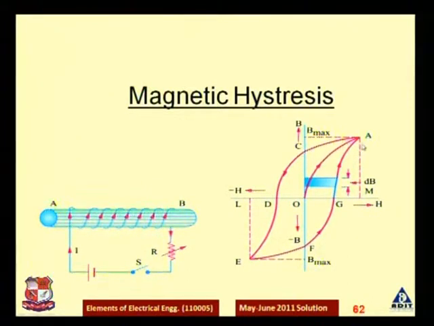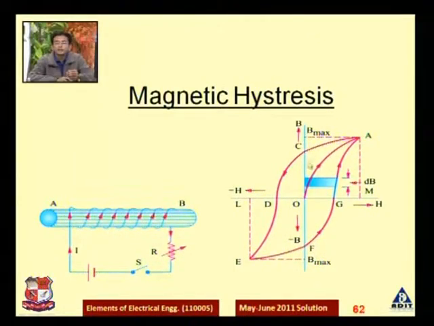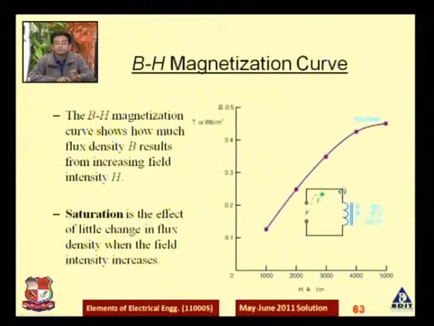So you will get the point A. Now if you are decreasing the value of resistance, the circuit should come to the 0 position, but it will not come to the 0 position. So you can say that B, the flux density, lags behind the magnetic field strength.